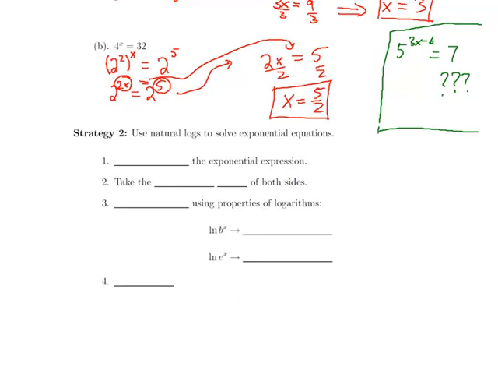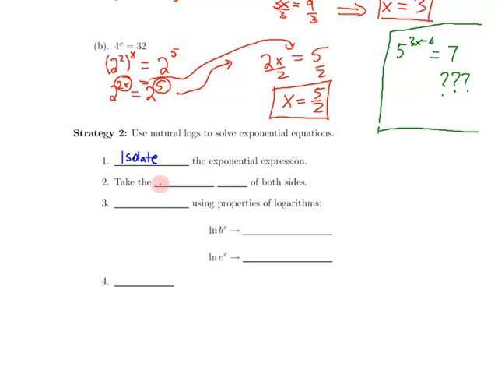Strategy 2 uses natural logs to solve exponential equations. To begin with, the first step is to isolate the exponential expression. You're going to try to use some technique to get the variable out of the exponent. So get the exponential part by itself, move everything else to the other side, either by addition, subtraction, multiplication, or division as necessary.